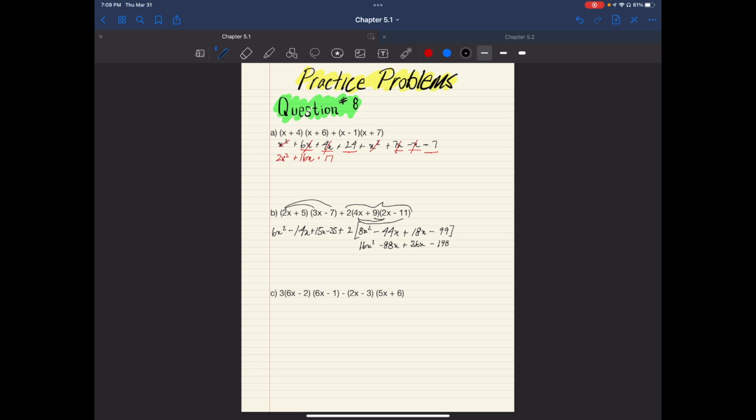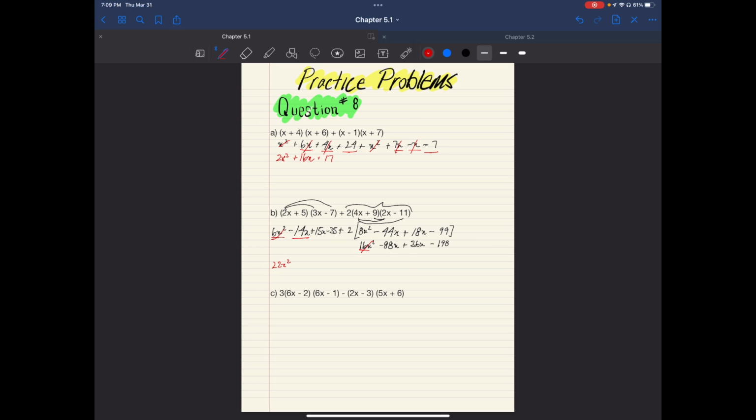Now we're going to collect like terms. So let's do the x squared terms. That becomes 22. 22x squared.